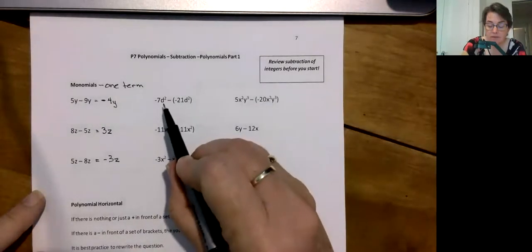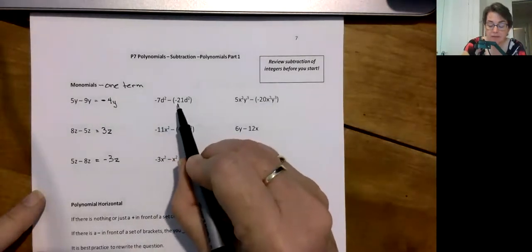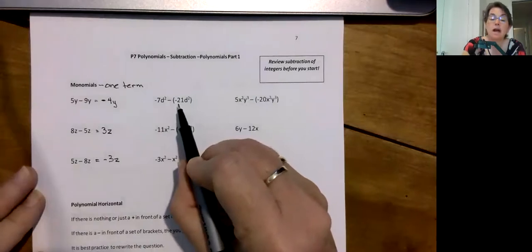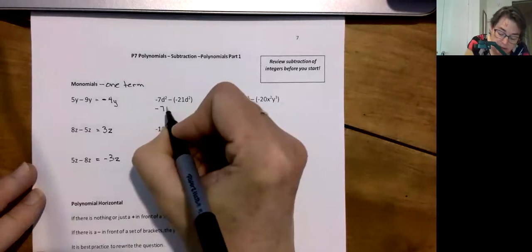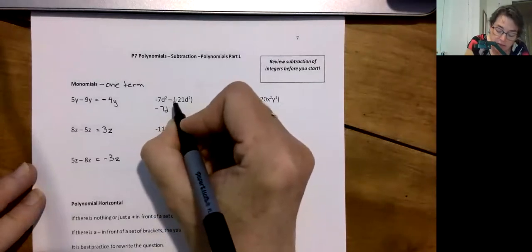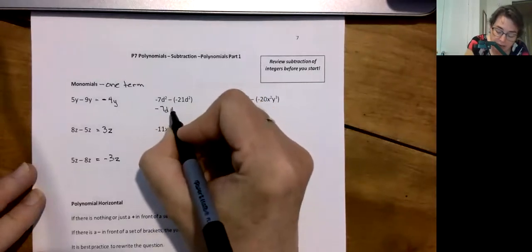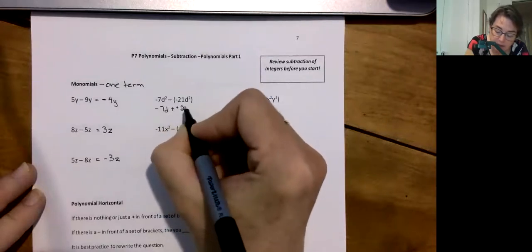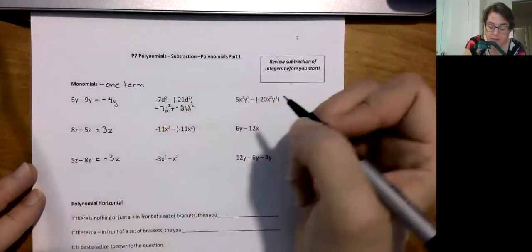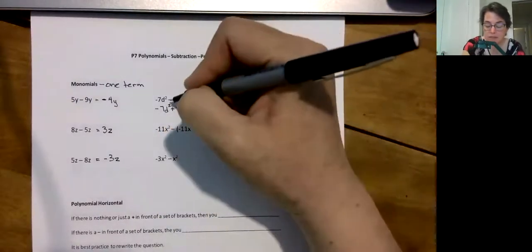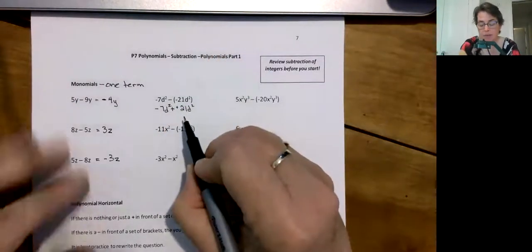All right, here we've got a double negative. There's a bunch of ways to deal with that. One of them is simply to rewrite the question. So I'm going to add the opposite. Sorry, my brain just disappeared there for a minute. But basically, when you're subtracting a negative, it just turns into a positive.